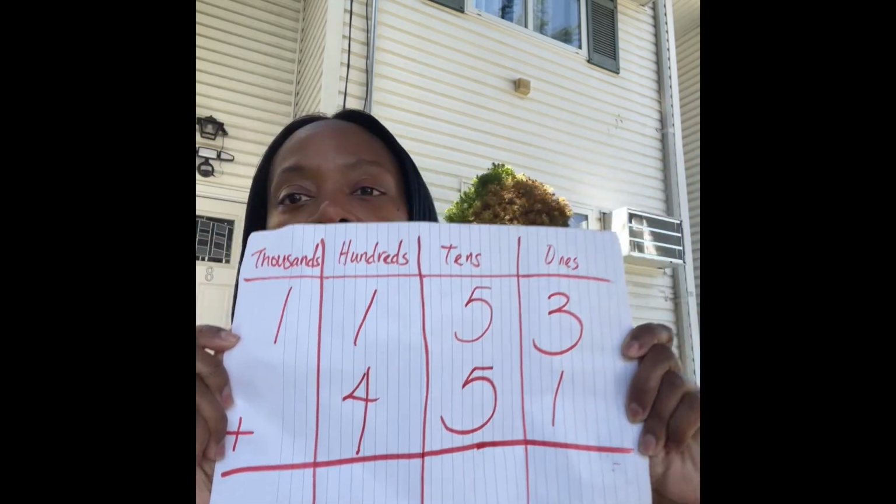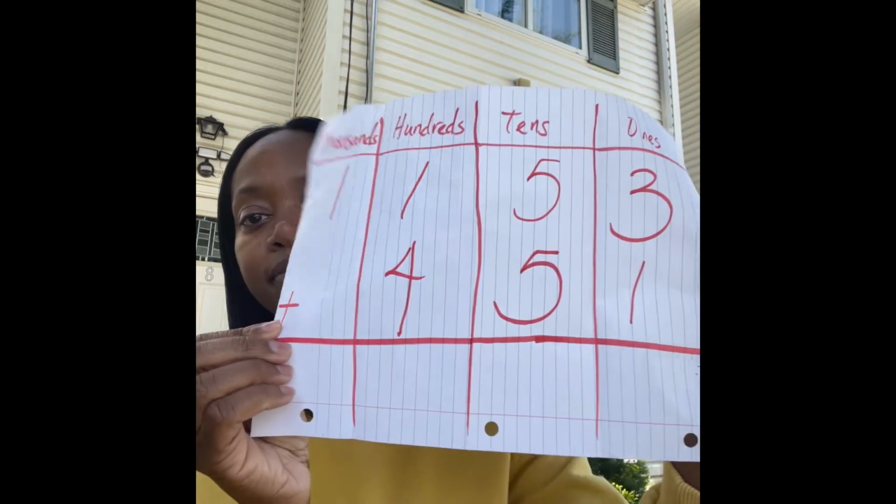You set it up, you put all of the numbers in their typical place where they would go, and you always have to remember to put your operation and your equal sign, so that your child can see it and actually work through the problem, okay?